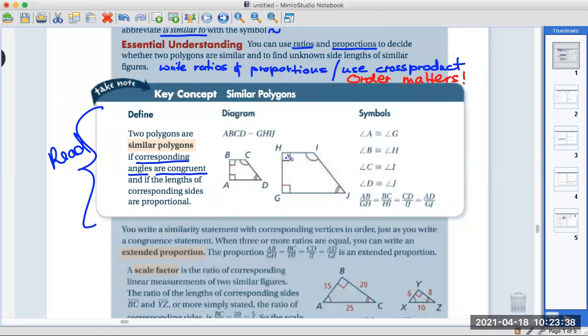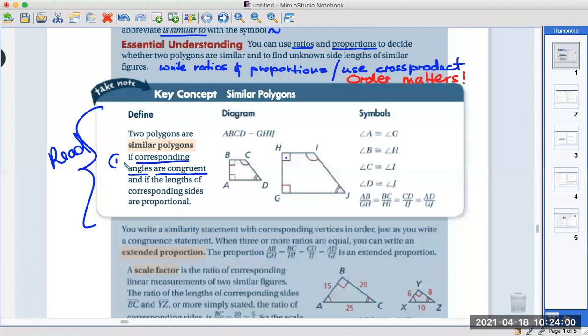This angle corresponds to this angle, this one to this one because it has one bow. These two correspond because they have two bows. And this is this one as well because they're the right angles and they're in the same location.